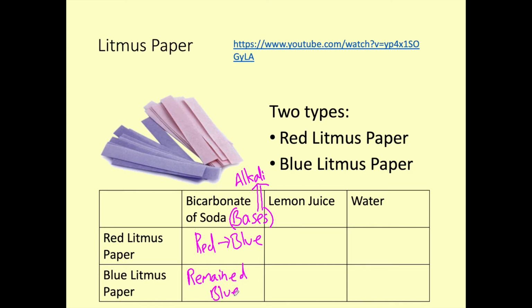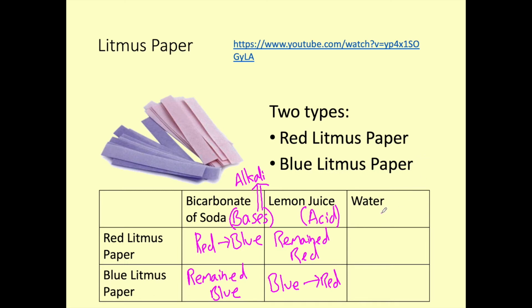whereas with our lemon juice, which is an acid, our red litmus paper remained red, and our blue litmus paper went from being blue to being red.